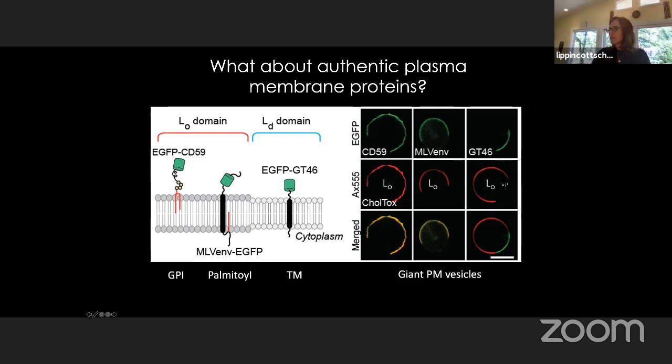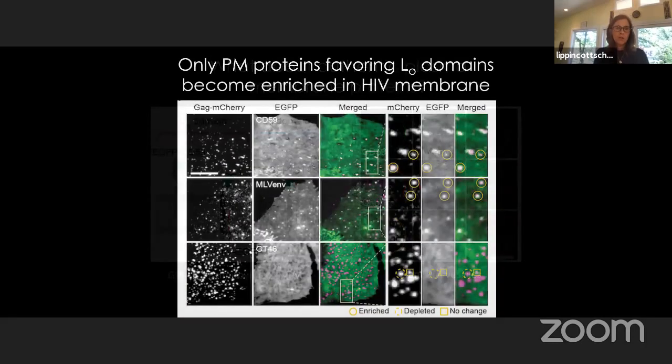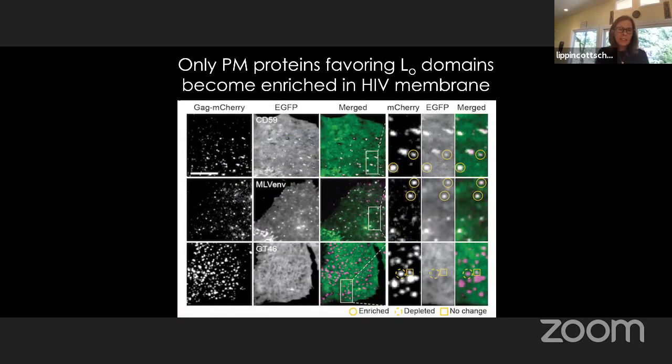And you can see that because it's excluded from these toxin labeled membrane portions of the giant plasma membrane vesicles. Okay, so let's look at these probes in the context of a budding viral particle. And sure enough, only plasma membrane proteins favoring liquid order domains become enriched in the HIV membrane.